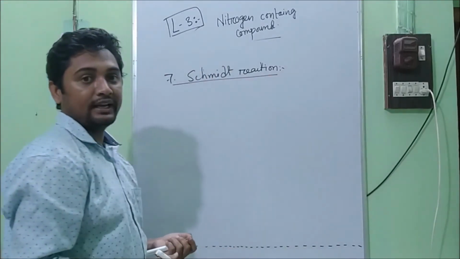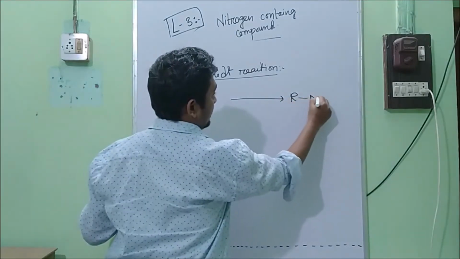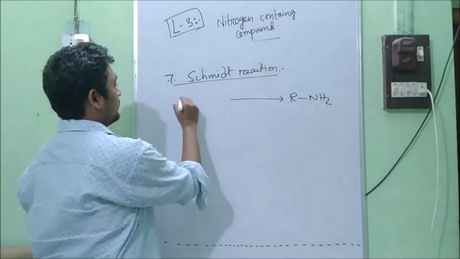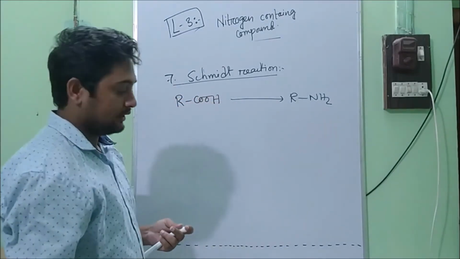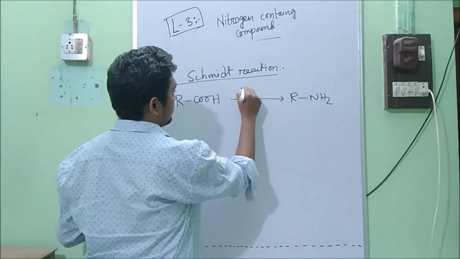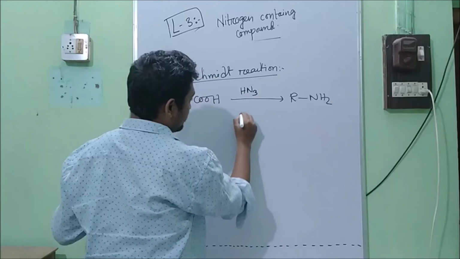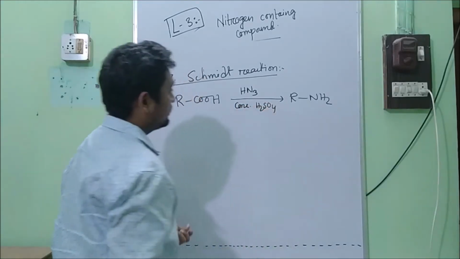Now Schmidt reaction. Using this reaction, we can also get amine compound from carboxylic acids using HN3 and concentrated H2SO4.